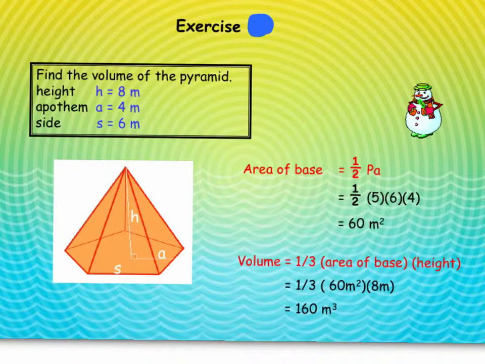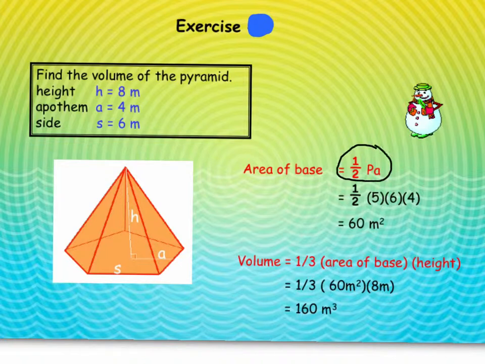Area of the base is for a pentagon, and for a regular polygon, let me write this down. Let me erase that. That is way too thick. Okay, here we go.